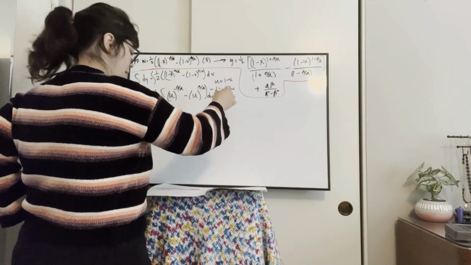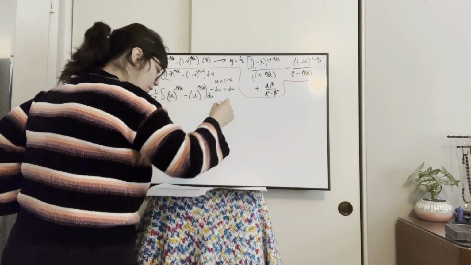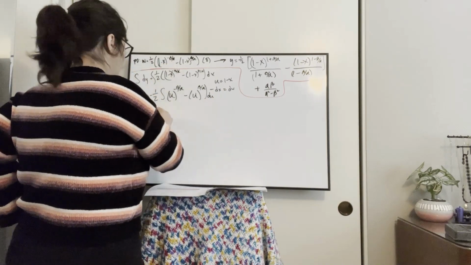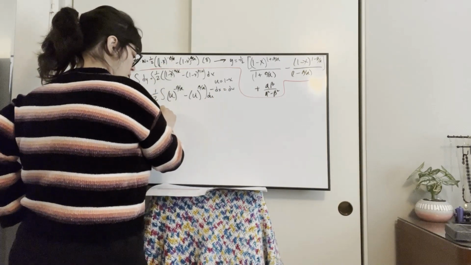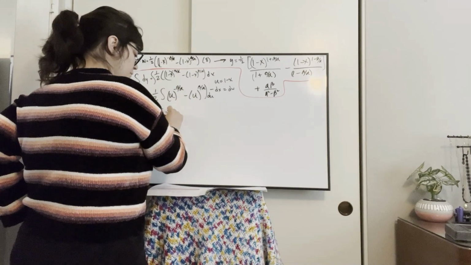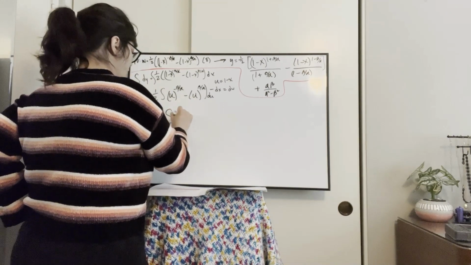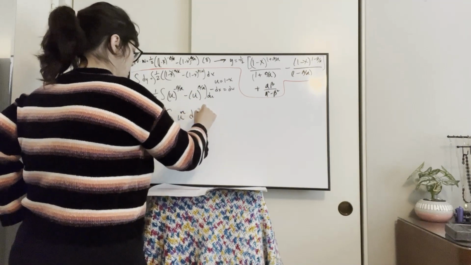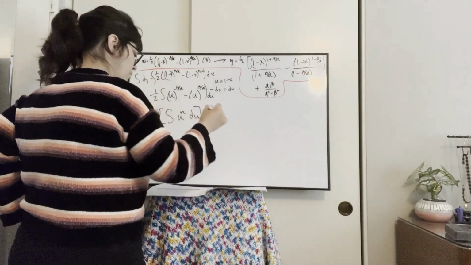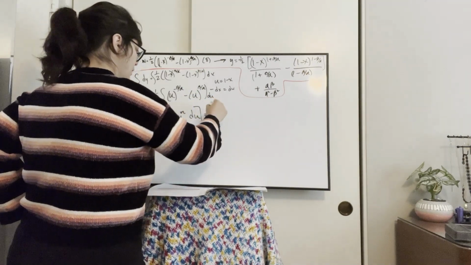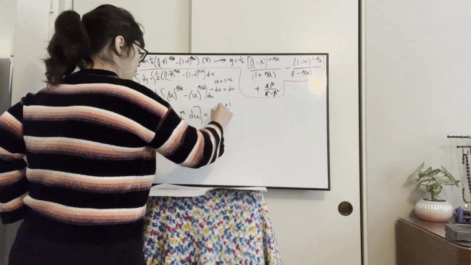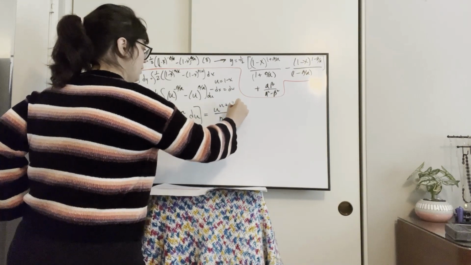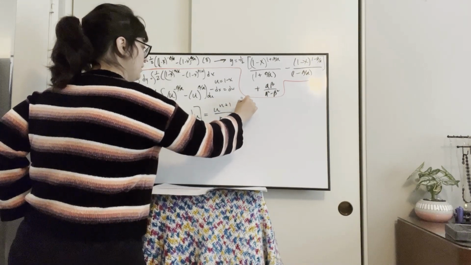So we're going to use the integral of u to the n du, which is equal to u to the n plus 1 all over n plus 1, and n is going to equal beta over alpha.